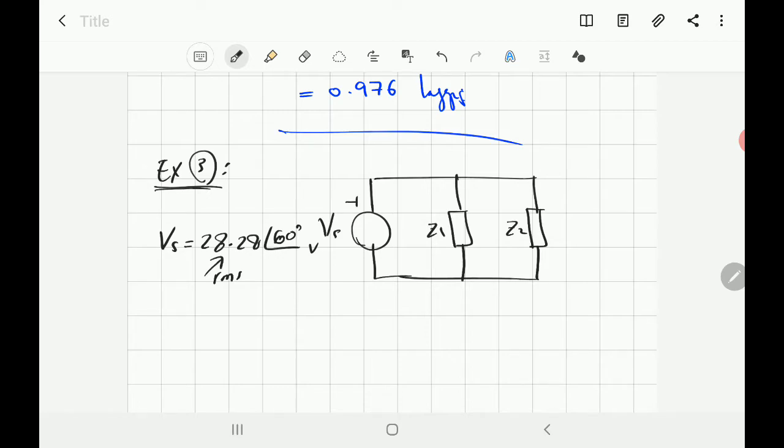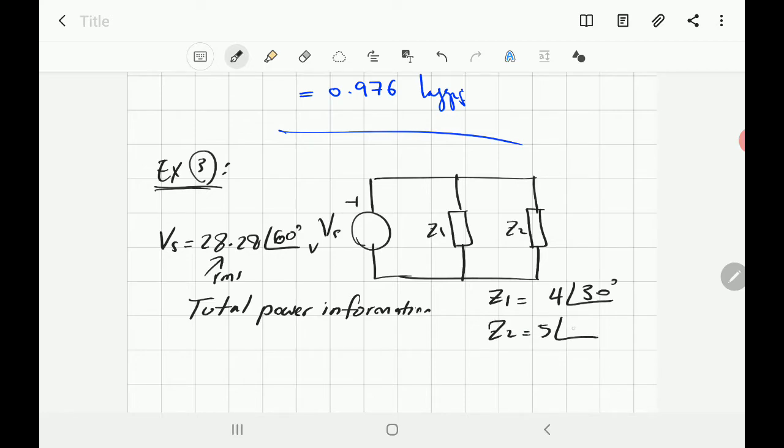What's required is to find the total power information, given that Z1 is equal to 4 angle 30 and Z2 is equal to 5 angle 60.